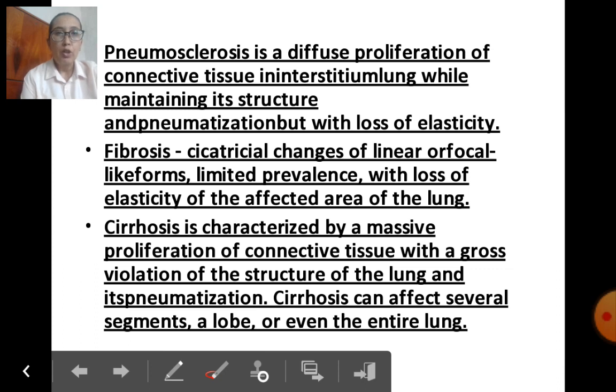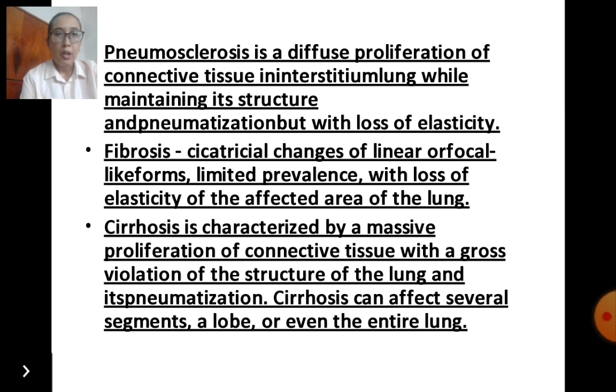Pleural pneumosclerosis is a diffuse proliferation of connective tissue in the interstitium while maintaining its structure, and pneumatization with loss of elasticity. Fibrosis changes of a linear or focal form, of limited prevalence, with loss of elasticity of the affected area in the lungs.